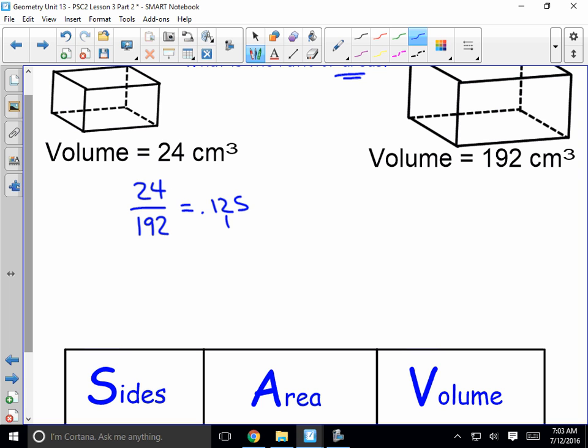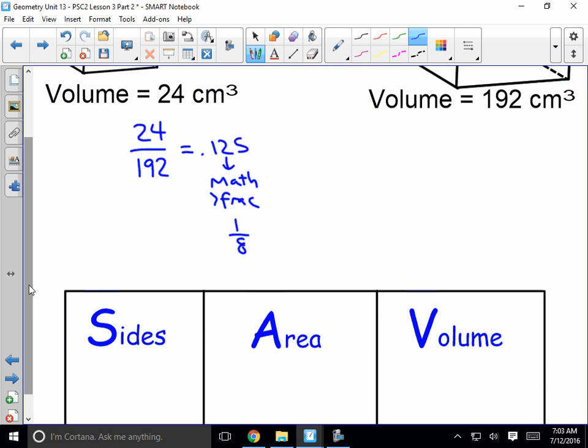Okay, once we get that decimal, we're going to use the math fraction conversion, and it's going to give us the ratio of 1/8. Okay, so we have a volume ratio of 1/8. Now, the next thing we need to do is turn it into a side ratio first.